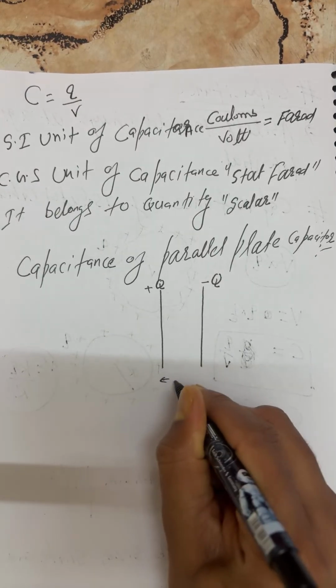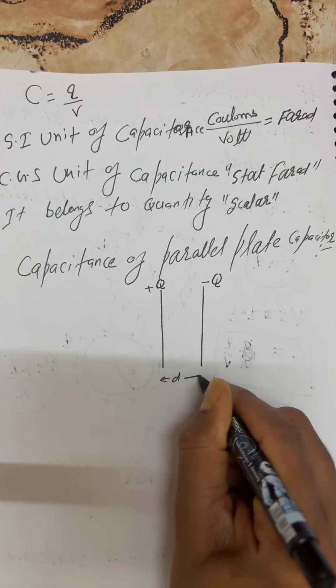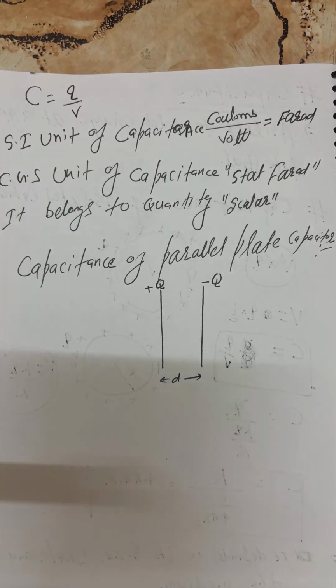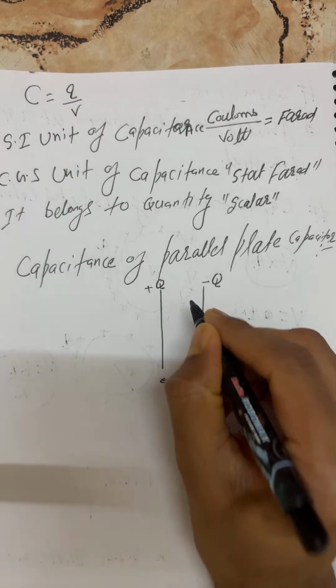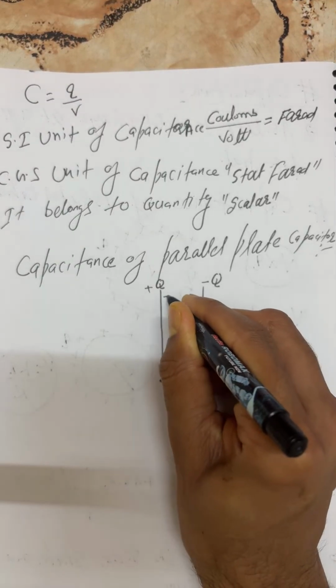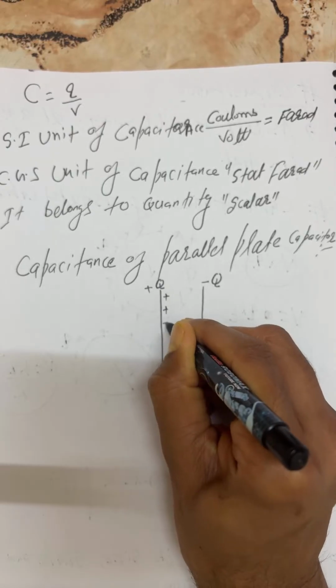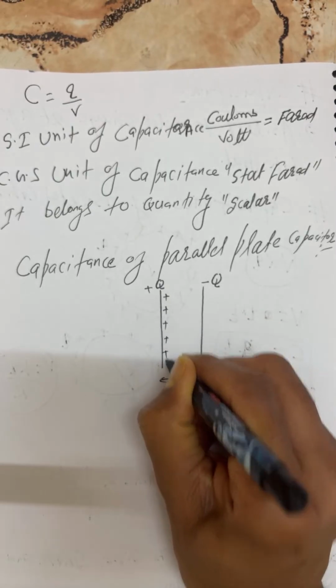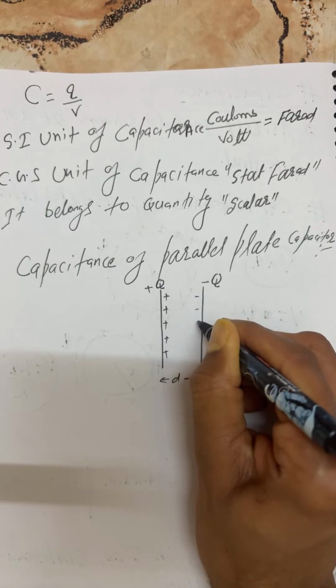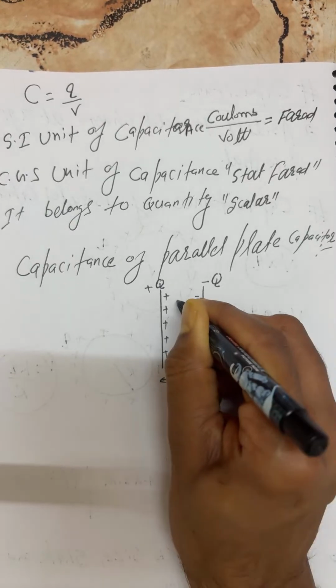Now, students, D is the separation between the plates. This plate is charged positively and this one negatively.